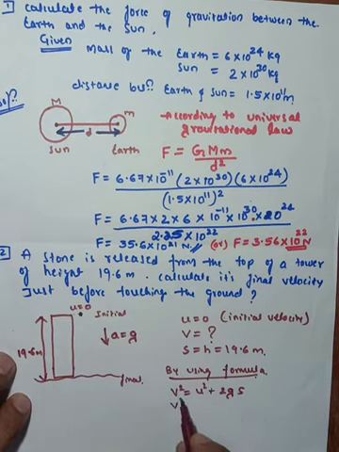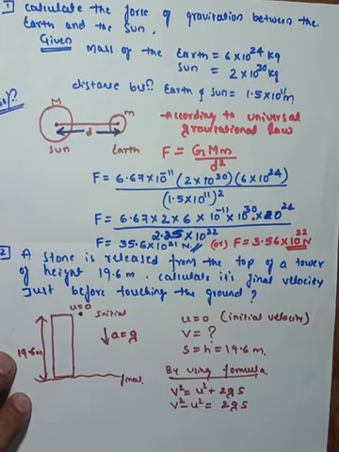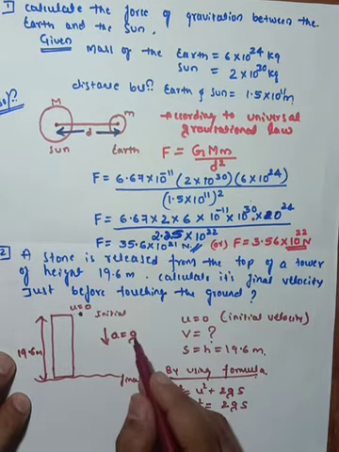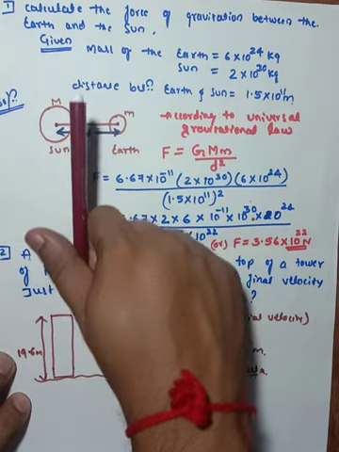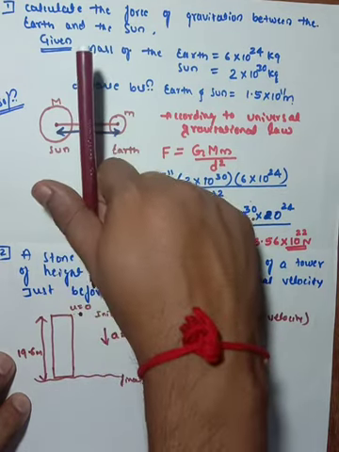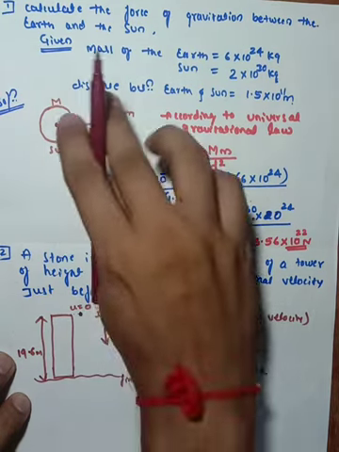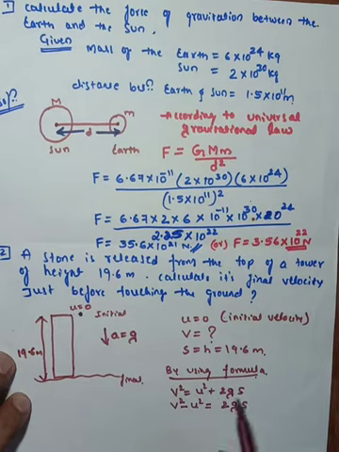You can write v square minus u square equals 2 g s. Towards the ground, you have to take it as plus. That depends on the manner in which the object is moving, either downward or upward, so plus and minus sign. Let me write plus directly.